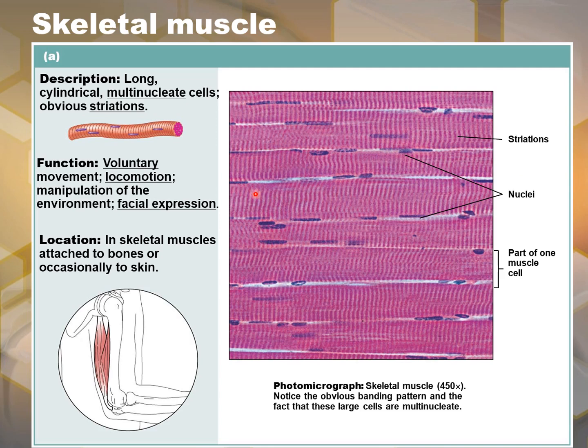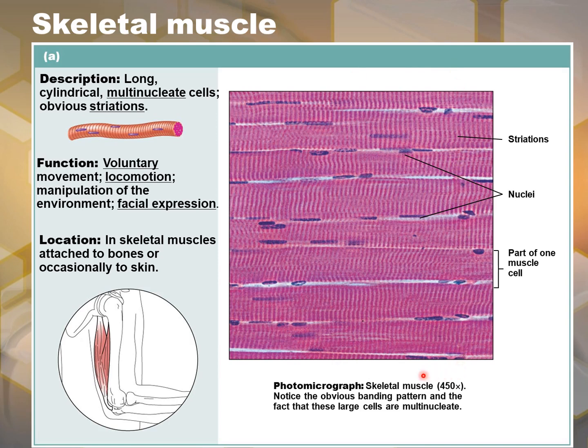So now, this is one muscle cell, and it keeps going, okay? Here's another muscle cell. So this is just a stack of muscle cells on top of each other, and it's just a portion of that muscle cell. And here are all the nuclei along the edge of the cell. And then you notice those striations.